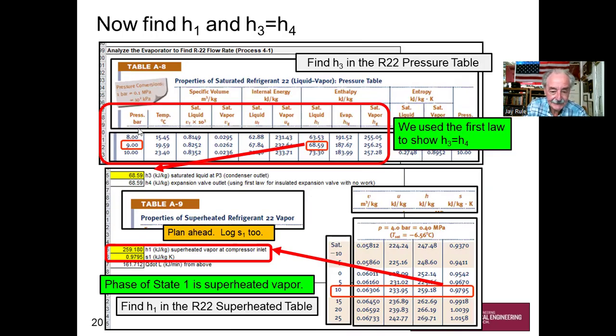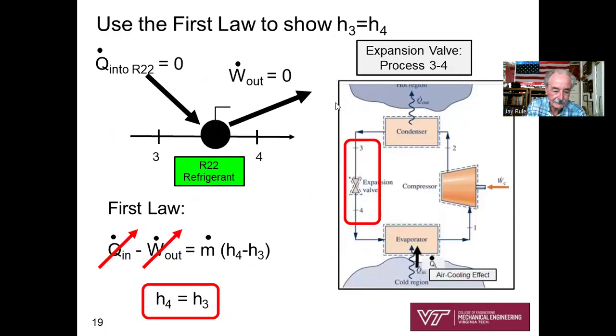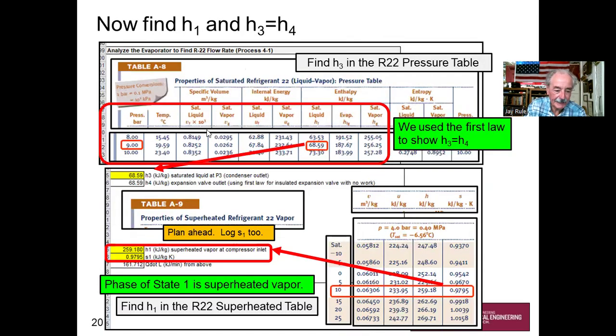Let's find H3 first at the top of the slide. H3, it says it's saturated. Let's go back a slide. H3, it's a saturated liquid at the condenser pressure given. Condenser pressure 9 bar.